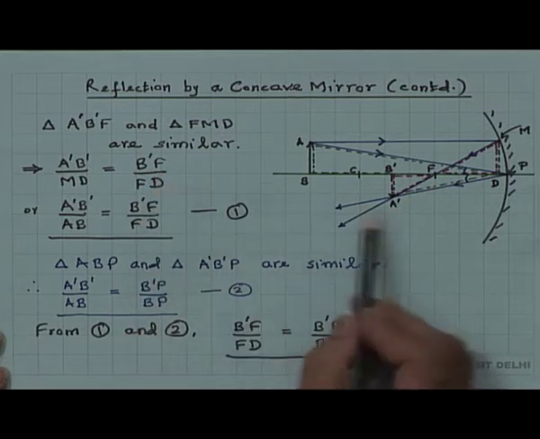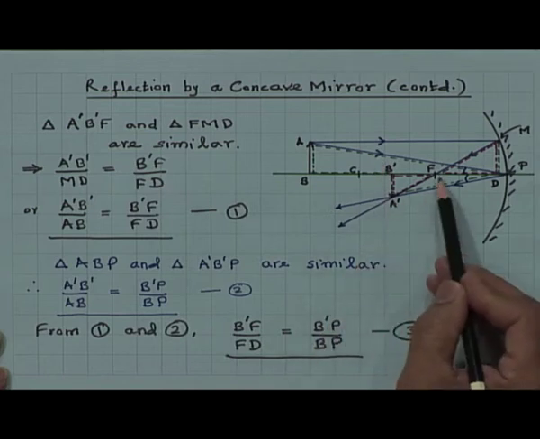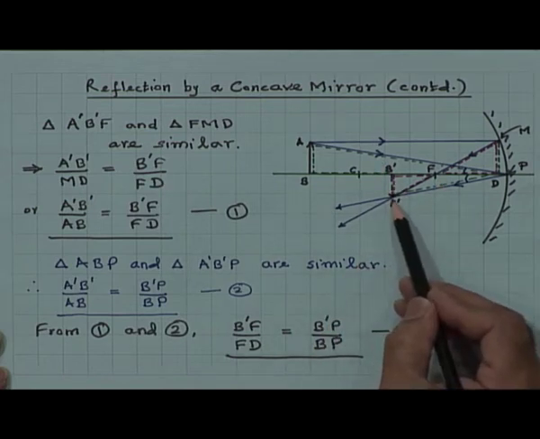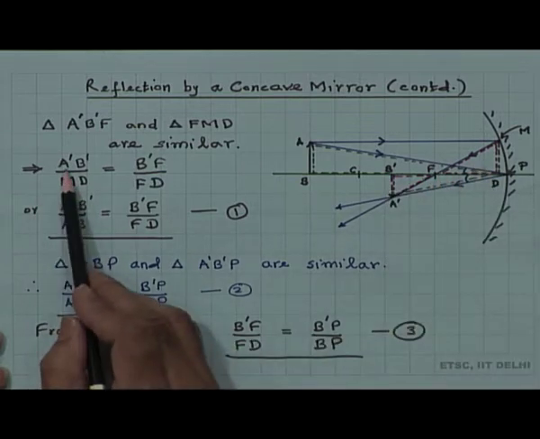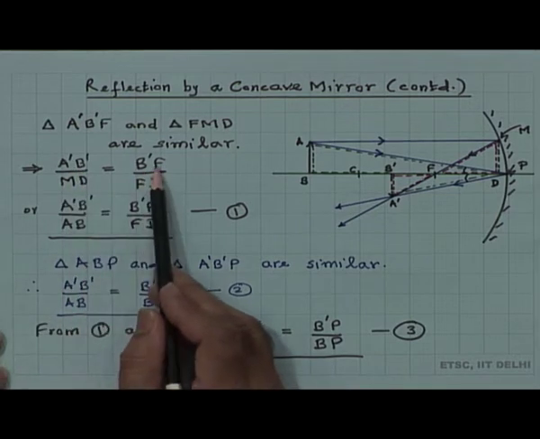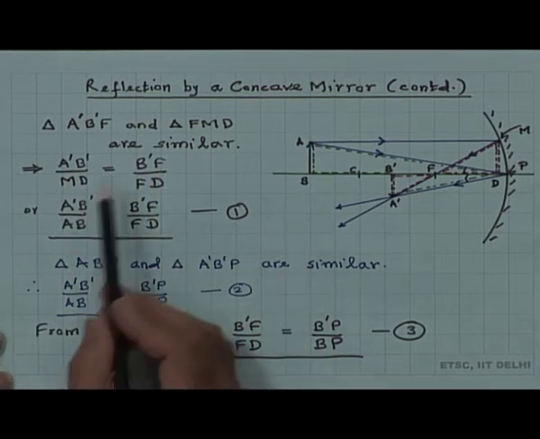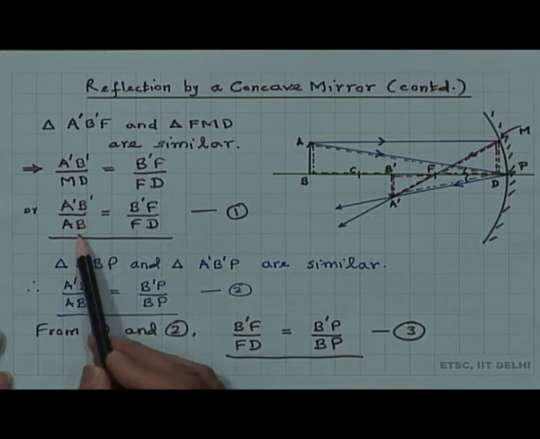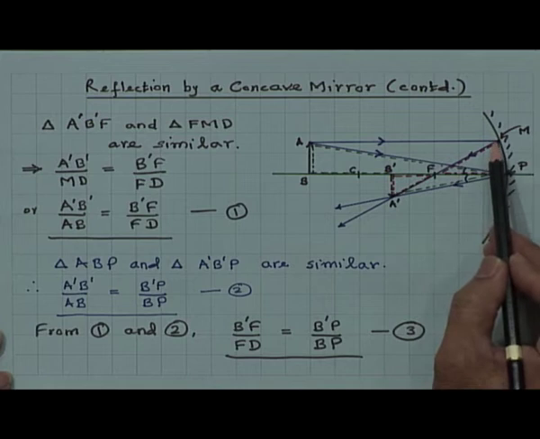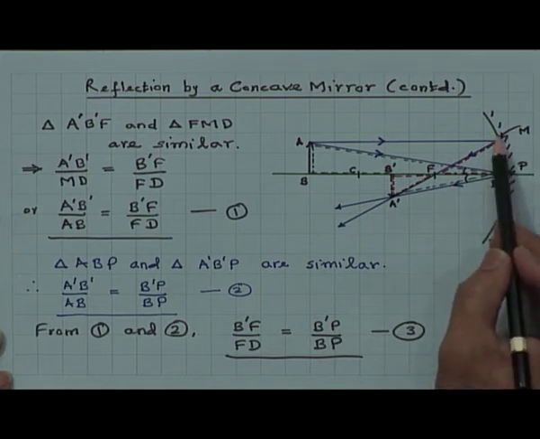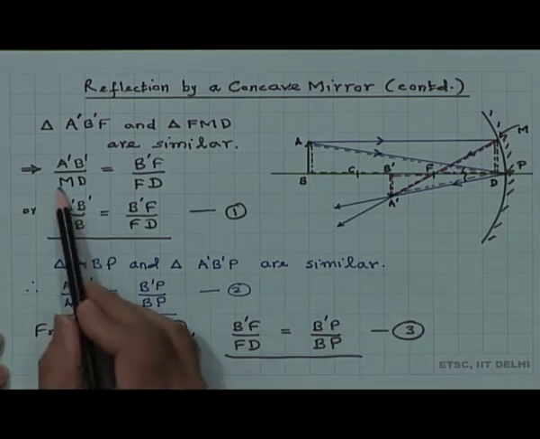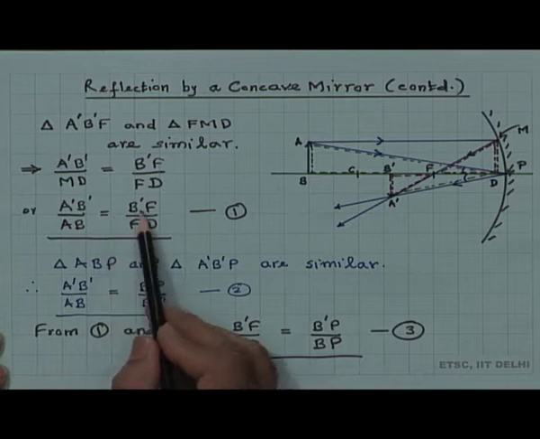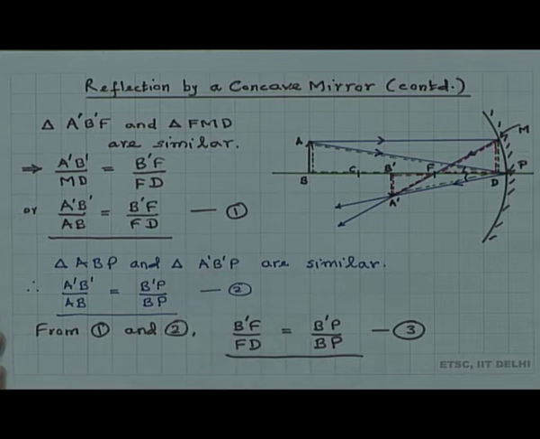So, tan theta is basically A dash B dash by A dash F, which gives you A dash B dash by M D equal to B dash F by F D. And therefore, because M D is the perpendicular dropped here, M D is the same as A B. Therefore, A dash B dash by A B is equal to B dash F by F D. So, let me denote it as equation number 1.